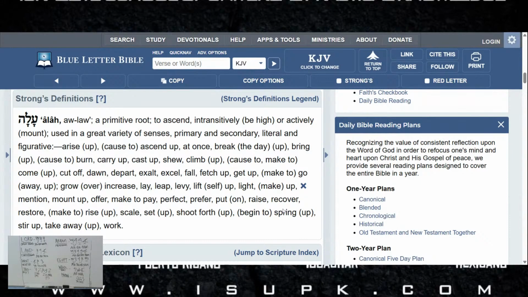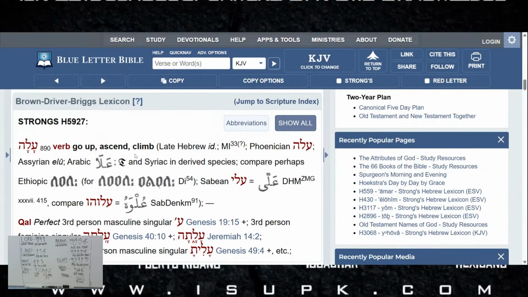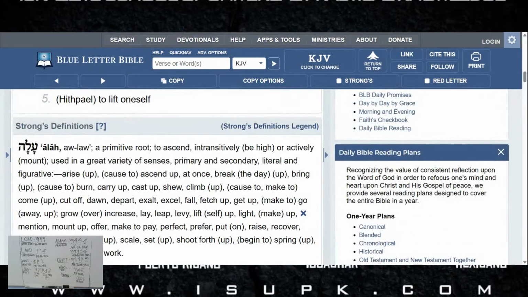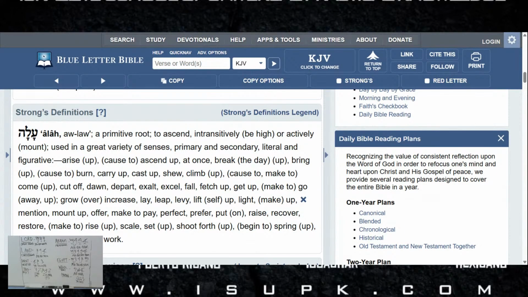So it's saying up, like you're saying, set up something, rise up, arise, but its definition is to go up, to ascend up, which is what it says right here: to ascend, to be high, to cause, to make, to come up, right? So this is the Strong's definition, and you can see how many different ways it is used.